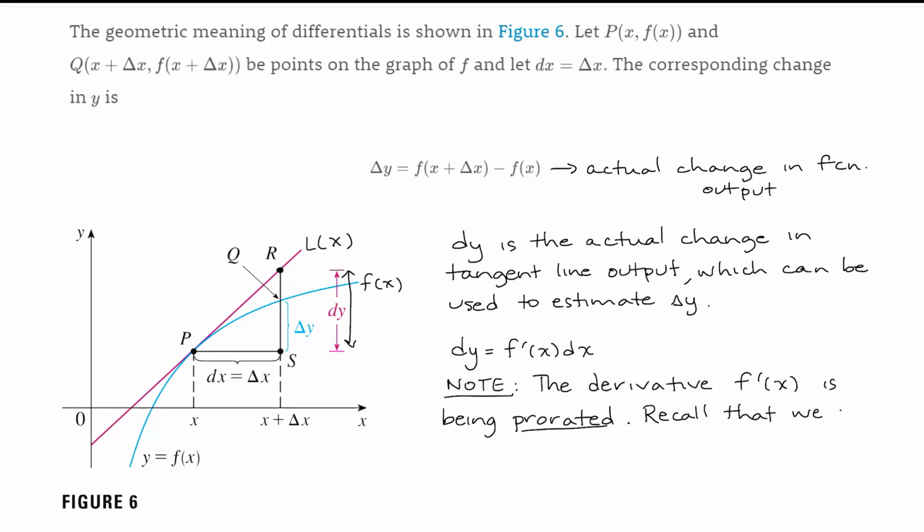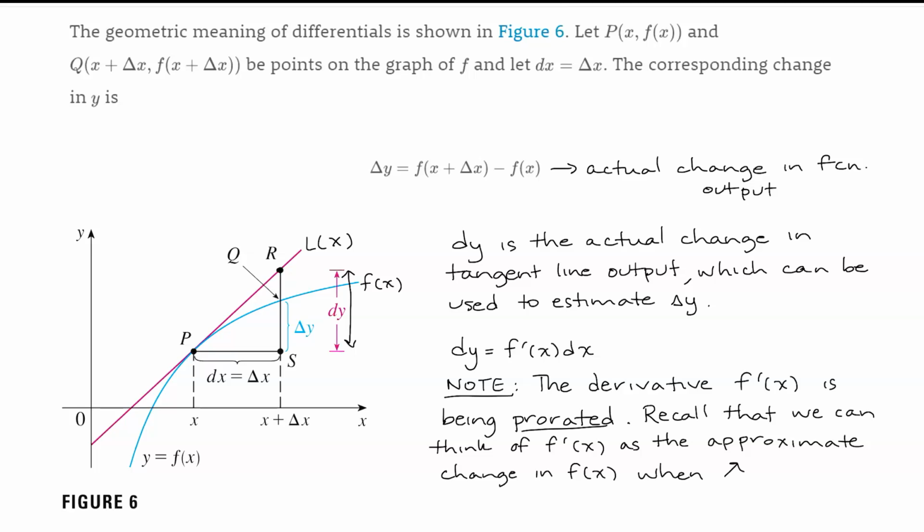So remember, we can think of that derivative value f prime of x as the approximate change in f when x increases by 1. We did this back in chapter 2. Let me just erase this over here as well.